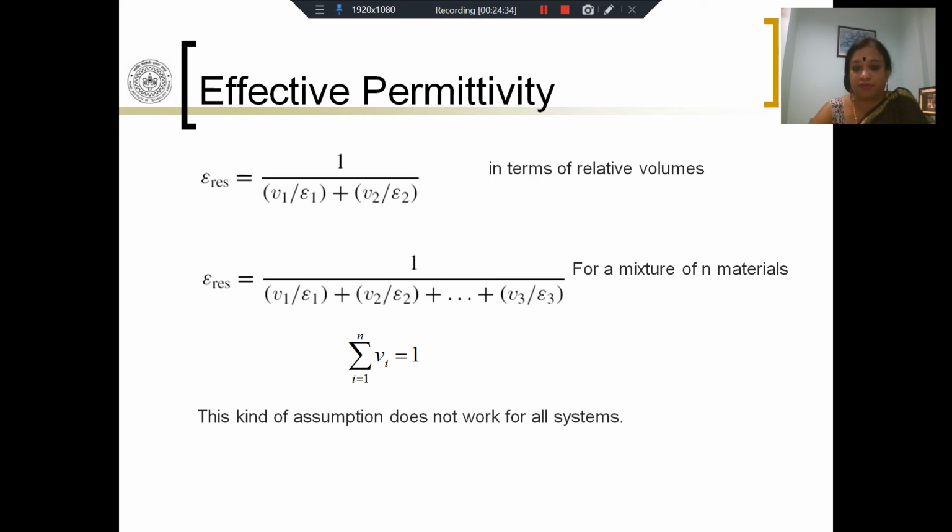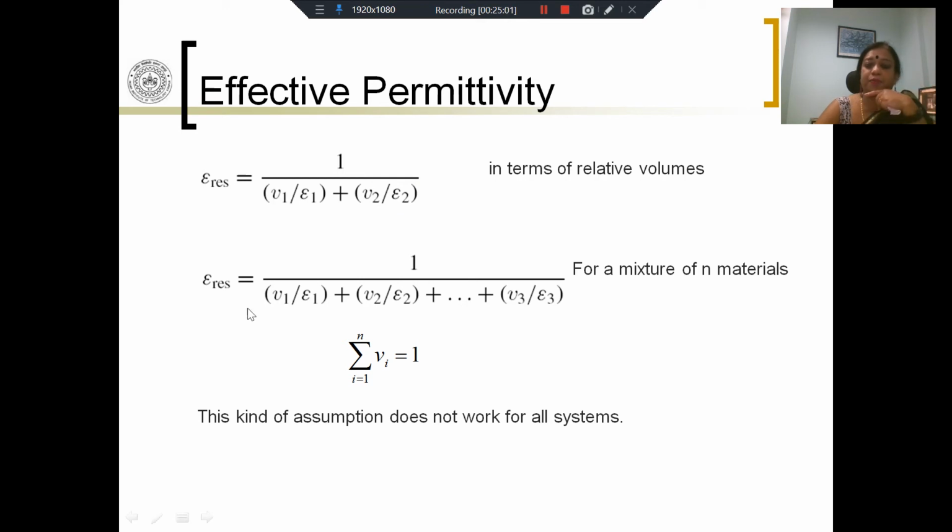So it's a fractional value. V1 is not the volume of the first layer, but it is the fractional volume of the first layer. That is, how much fraction of the total volume is taken by material with permittivity 1. So therefore, my resultant permittivity can be calculated as 1 by V1 by epsilon 1 plus V2 by epsilon 2.